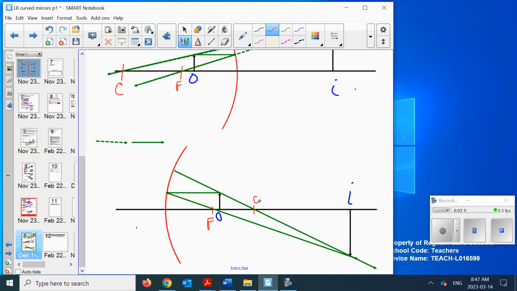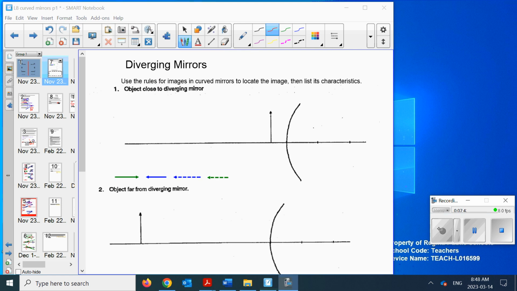Those three diagrams, you should be able to locate any center and focal point given an image. But the other typical question is the center and focal point are given, locate the image. Or, I did one example where we had the image and located where the object was. You can work these rules forwards or back. Diverging here. We've already seen them. I'll just show you one again. Big guy. There's diverging there. It looks like the size of an anti-shoplifting mirror.